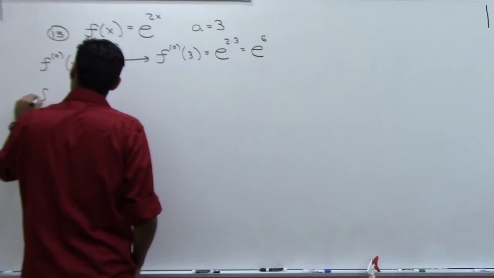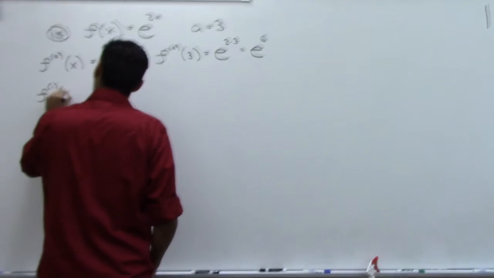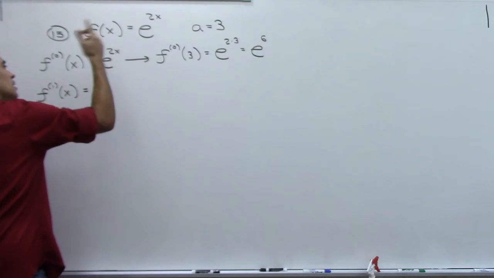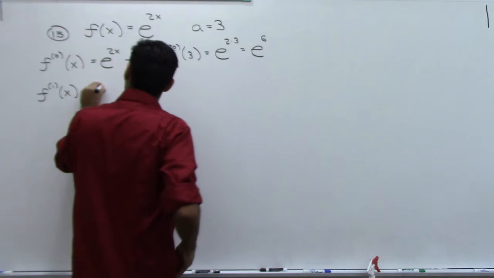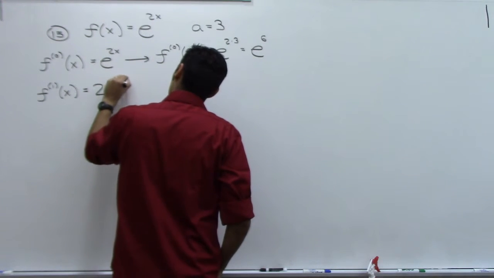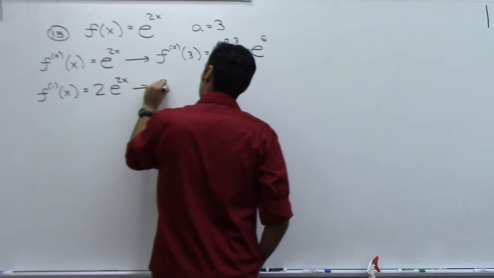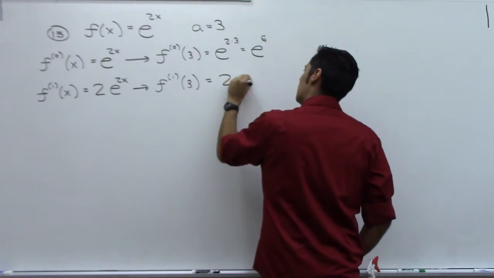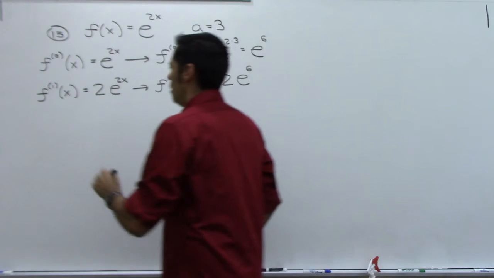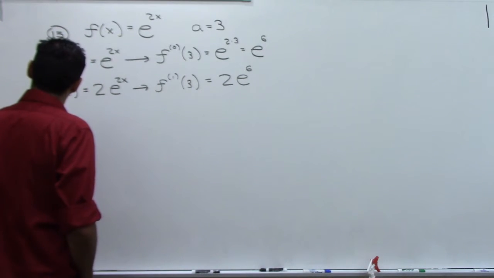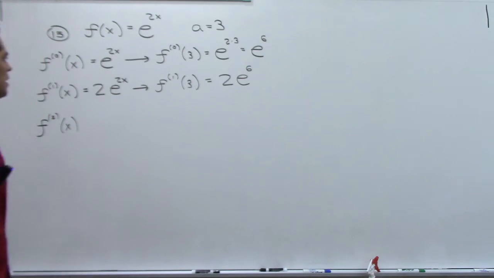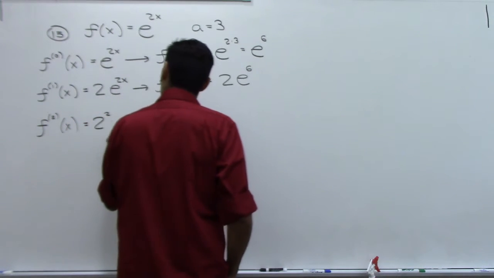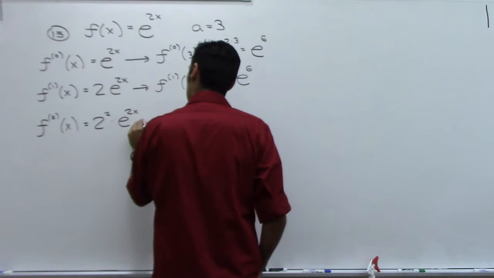If I do the first derivative, because of the chain rule, the derivative of this is itself, but then a 2 pops out, so I'm going to get 2e to the 2x. If I plug in 3 into that first derivative, I get 2e to the 6th. If I do the second derivative, same thing, another 2 pops out, so now I get 2 squared e to the 2x.